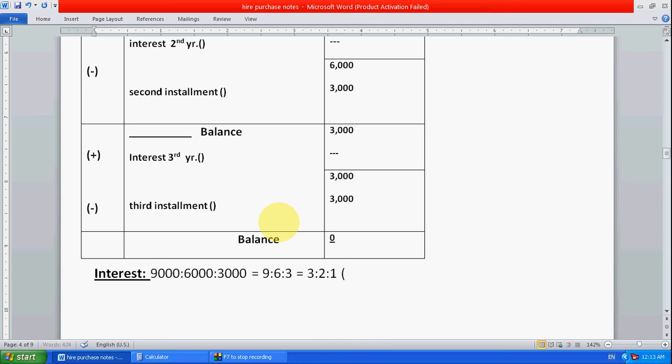First, how much is the remaining amount? Total amount is 12,000 minus 9,000. So we got 3,000 as balance.